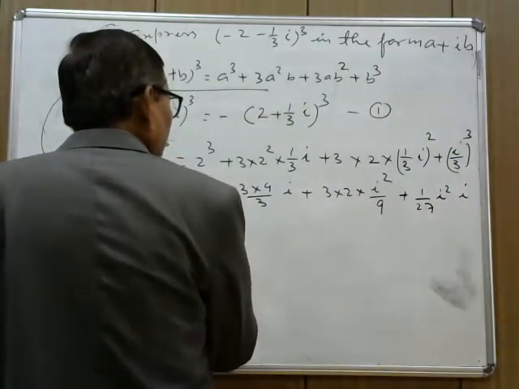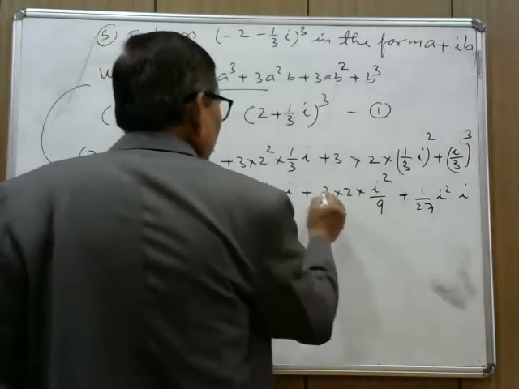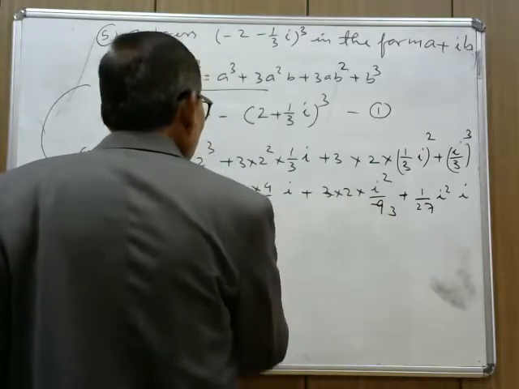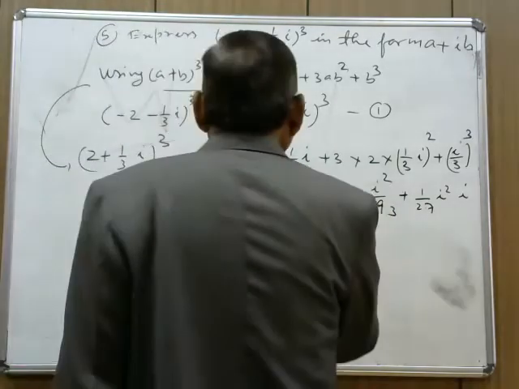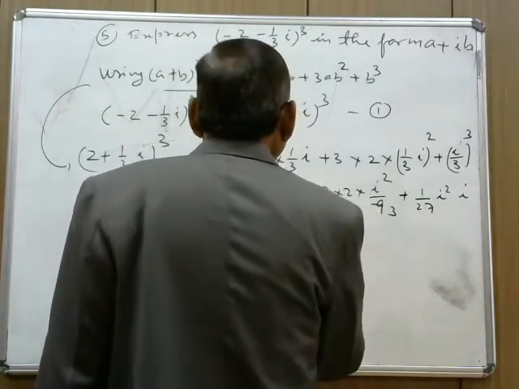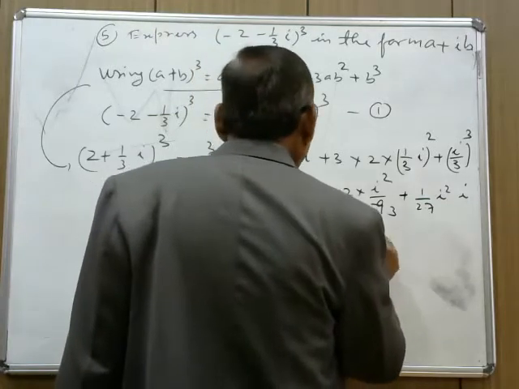So you can write this is 8, 3 is 9, 8 minus 2/3, and here this 3 and this 3 will be cancelled. This will be 4i minus 1/27i.